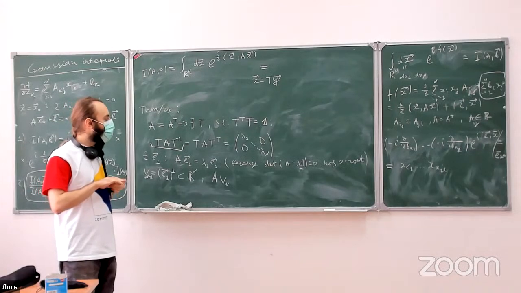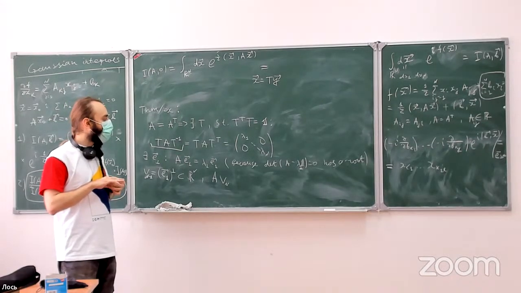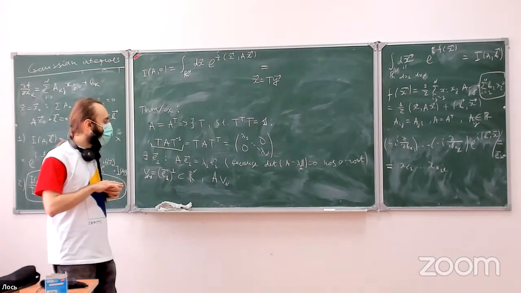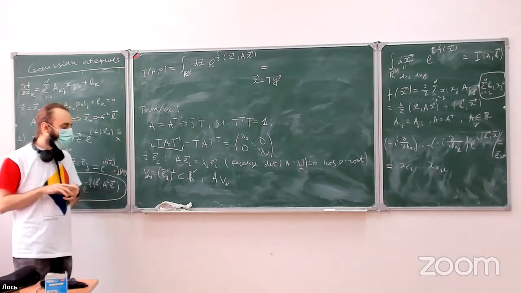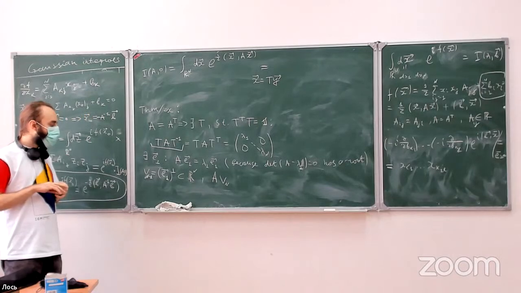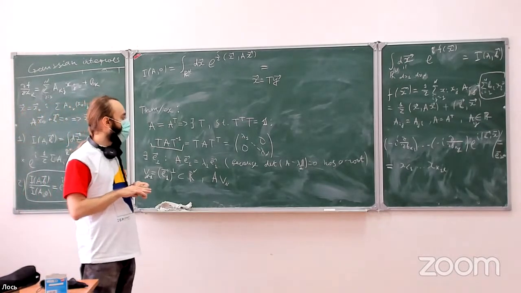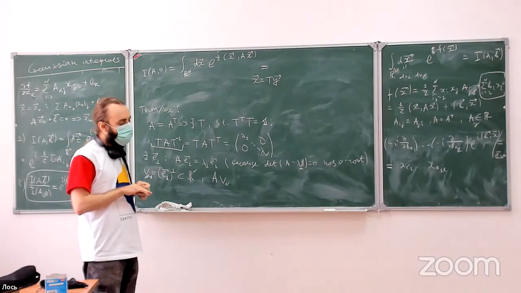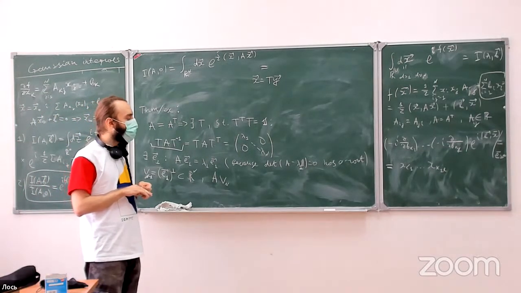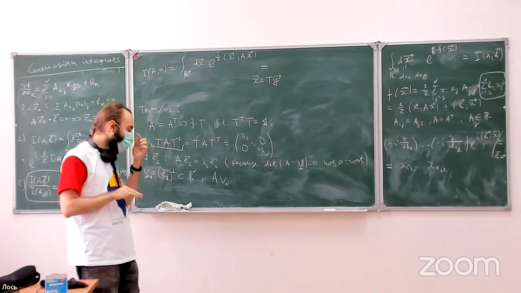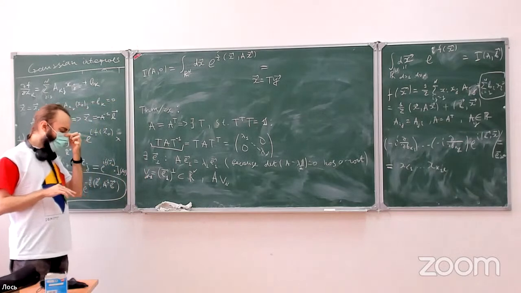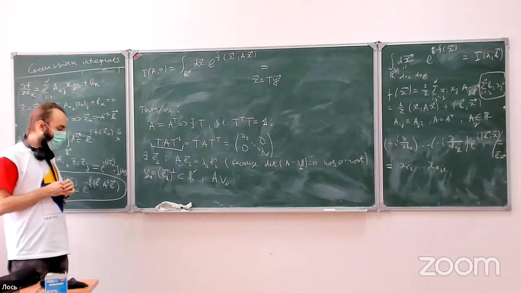So we need to know that a symmetric matrix does not have complex eigenvalues. This is true, of course, but let me think how to prove this.